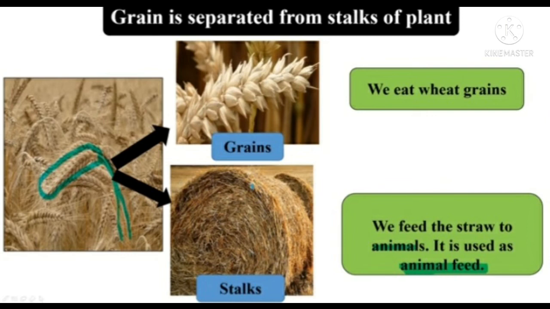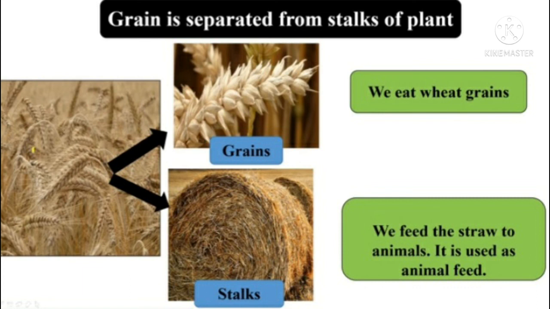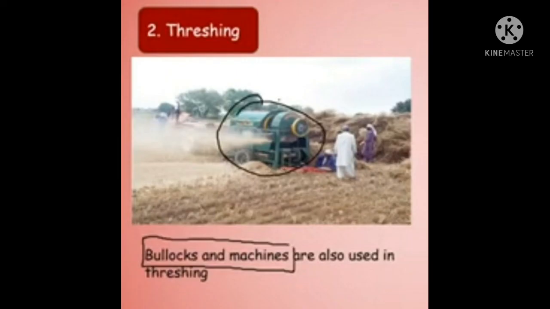How will we separate grains from the stalks? We will not use the winnowing method, but we have to use another method, and that is threshing. Threshing is a method in which bullocks or machines are used to separate stalks from the grains.